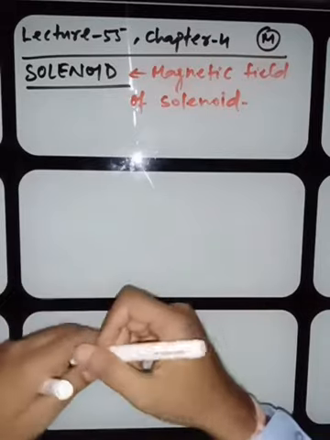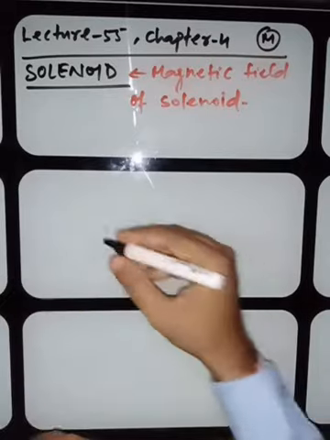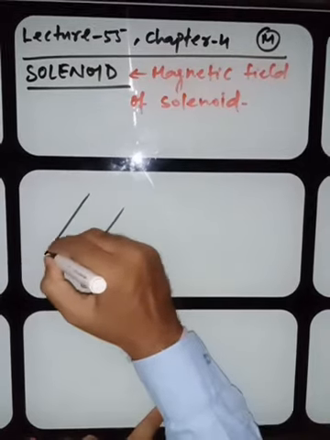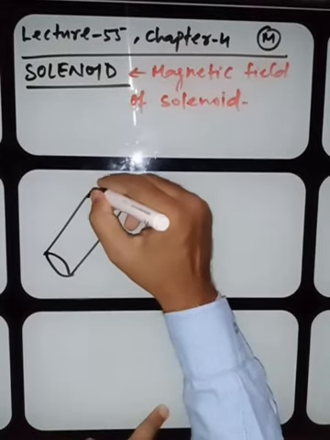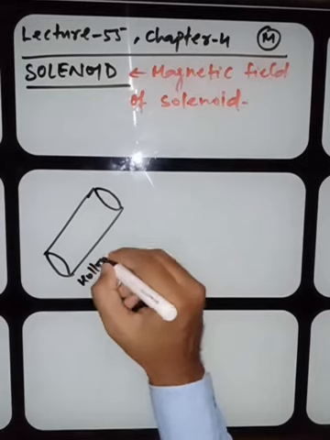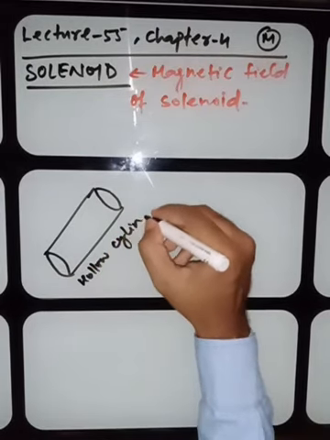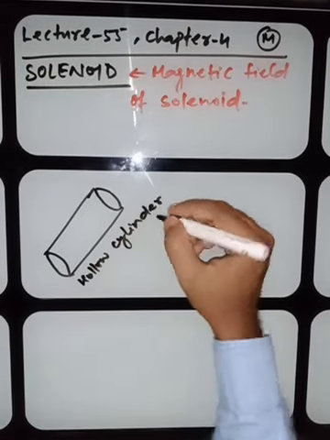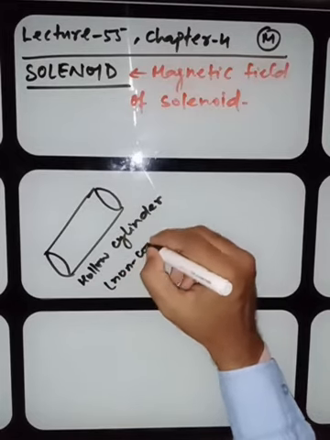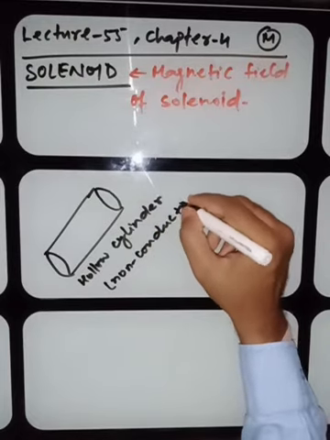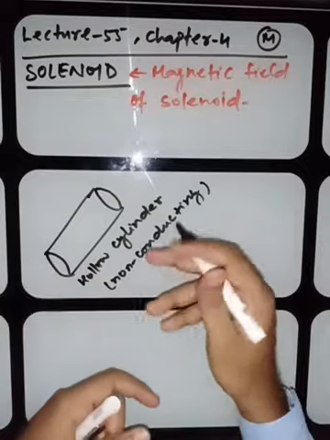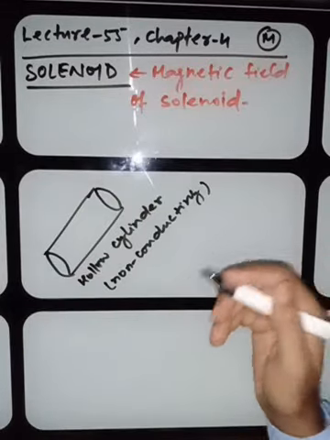Let me tell you the components. It consists of a hollow cylinder, and this hollow cylinder must be non-conducting. Mainly it is made of a porous material, which you will study in chemistry.